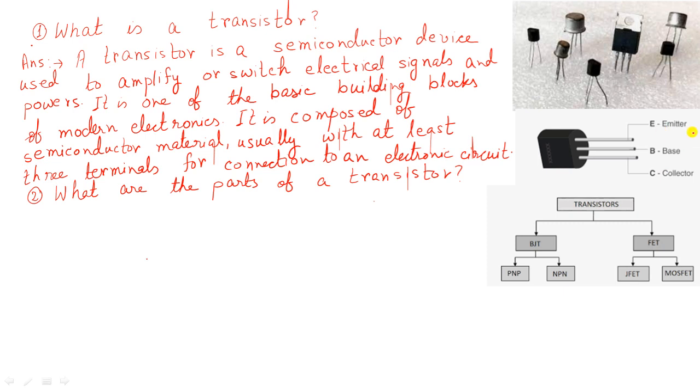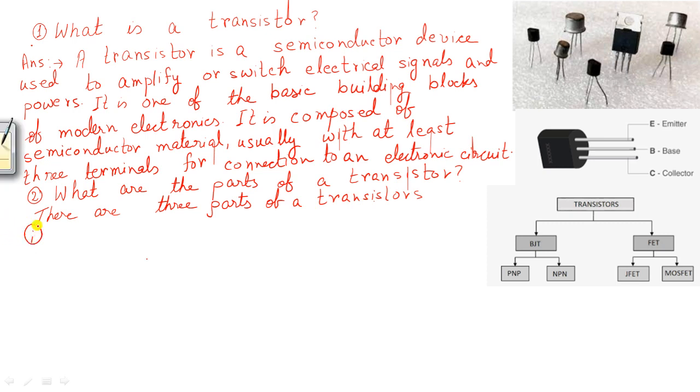Actually, there are three parts. Here you see, one is the emitter, the base, and the collector. There are three main parts of a transistor.